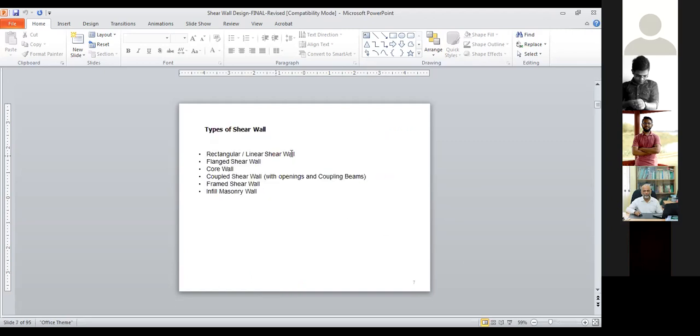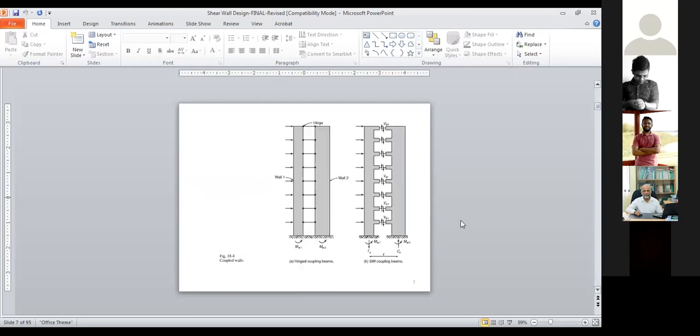Types of shear wall: you may have the rectangular or linear shear wall, you can have the flanged shear wall, core wall, coupled shear wall, frame shear wall, or infill masonry wall. So this kind of shear wall you can see. This is the coupled wall. You can see the two walls are coupled with the hinges of beams at both ends.